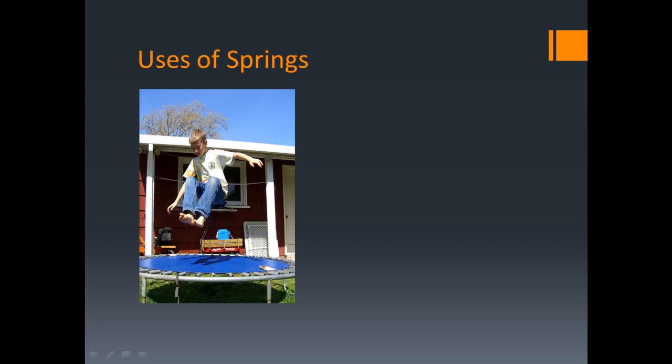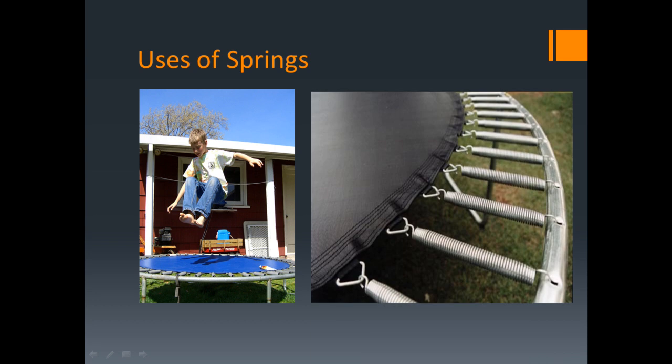Because it has so many springs around its edge, and when you stand on a trampoline they all are stretched, getting longer. So they exert a force on you which helps you in jumping.